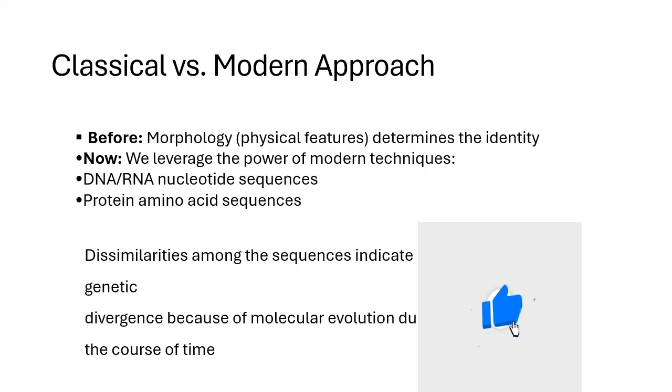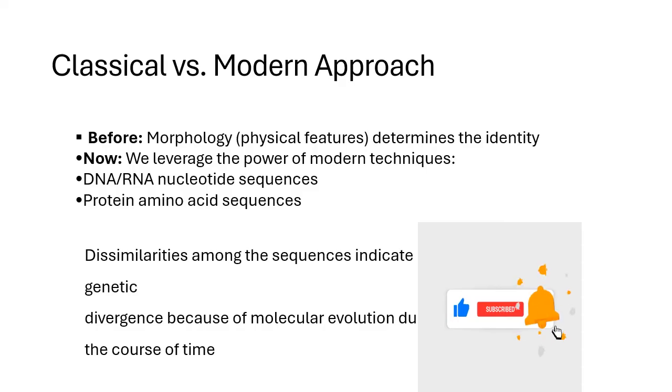The dissimilarity among the sequences will indicate genetic divergence because of molecular evolution over the course of time. That means in the course of time, there have been mutations, changes in their sequences, which have allowed these organisms to evolve with different characteristics, differently from their ancestor.